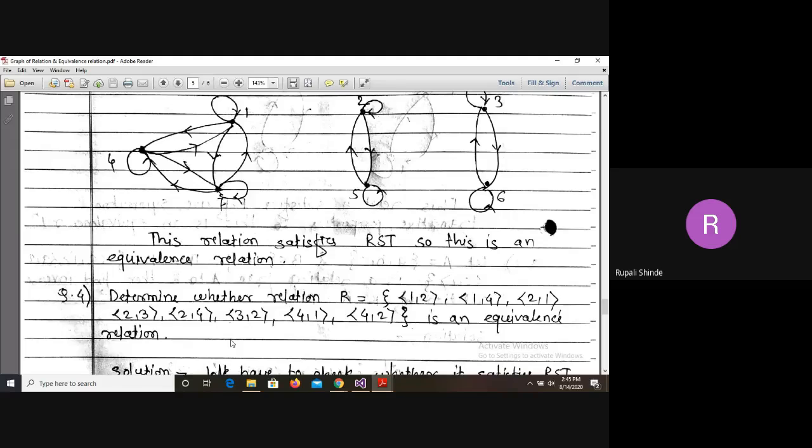First of all, tell me what properties must be satisfied by any relation to become an equivalence relation. Reflexive, transitive, and symmetric. Now check whether this one is reflexive.